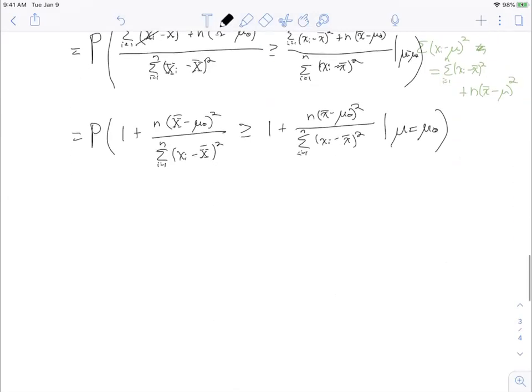And then these ones cancel out on the 2 sides of the inequality.